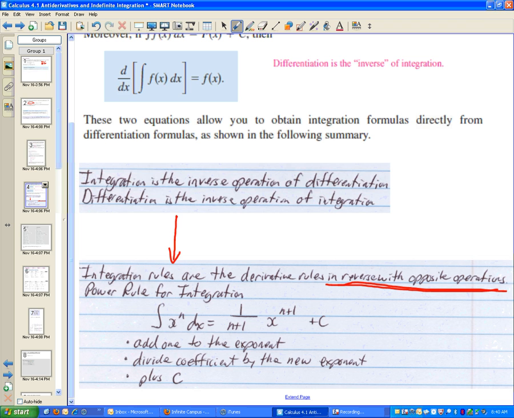You do the operations in reverse, and you do the opposite. So, for instance, the power rule for differentiation says that you multiply the exponent times the coefficient, then you subtract 1 from the exponent. So we've got to do it in the opposite order with the opposite operations. We multiplied first, then we subtracted. So we've got to go the other way around.